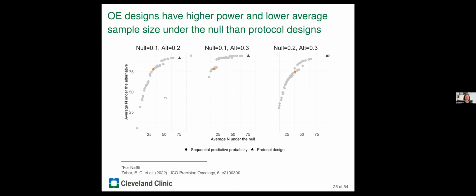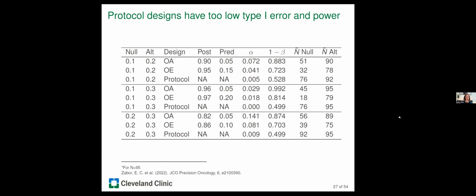And so we see that in all cases, the optimal efficiency design has lower average sample sizes under both the null and the alternative as compared to the protocol design. And to see the numerical results here, the optimal efficiency design also has higher power, and the protocol design, which is the bottom row in each of these sections of the table, has much too low type 1 error and also too low power.